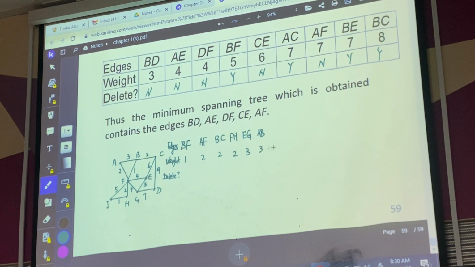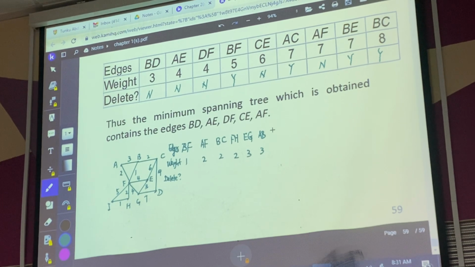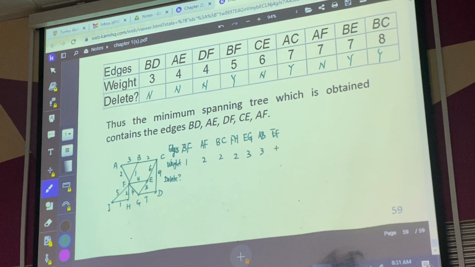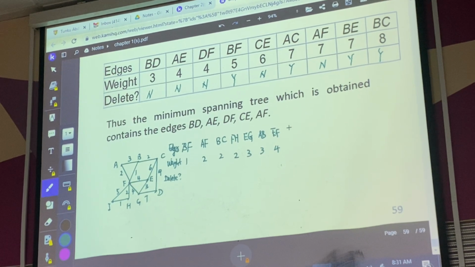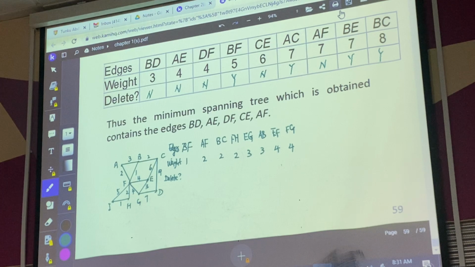Also weight 3. Then weight 4, yes, EF, we have weight 4, FG, and this one also weight 4, 2 only, right?